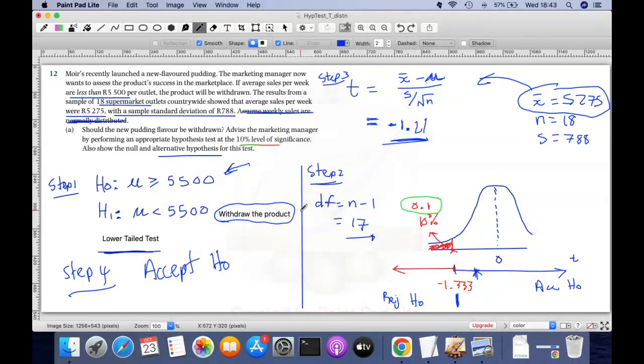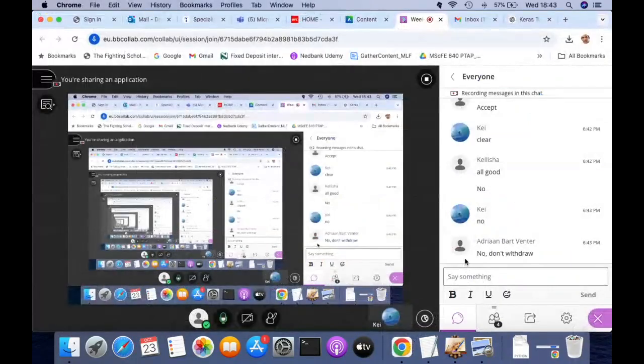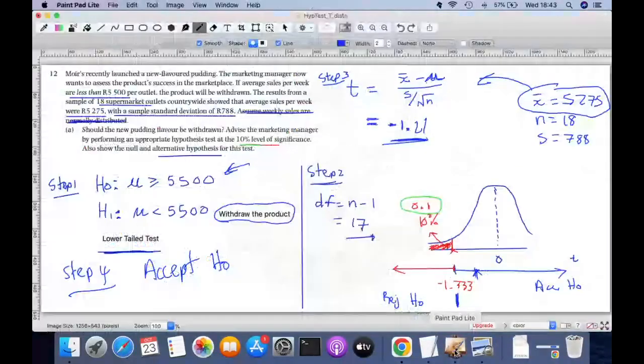Withdraw the product or don't withdraw the product? Yes, very good. Because we are accepting this, we can rule out this. And that's how we're going to conclude.